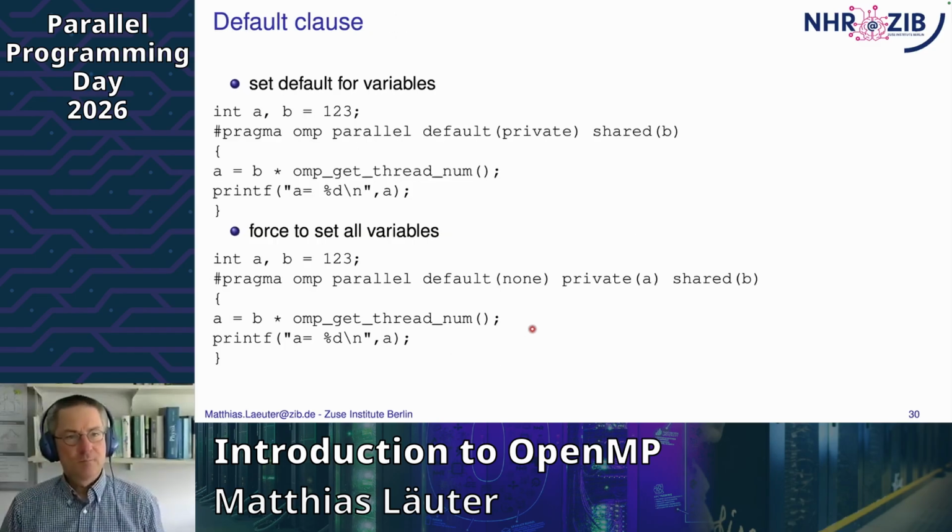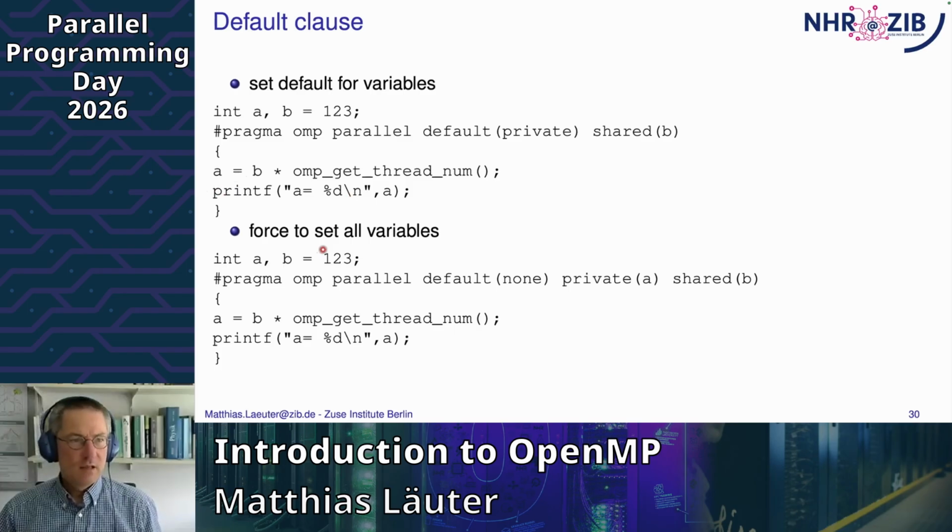I have said the default is shared, but you can switch the default to private. So all variables which are not mentioned are then private, and you can control, of course, that B needs to be forced to be shared, but A can be private in this case.